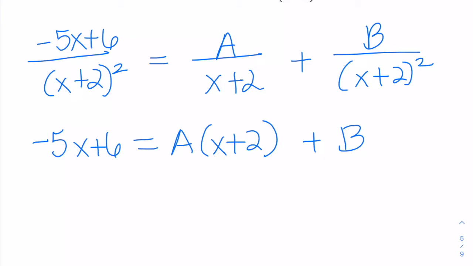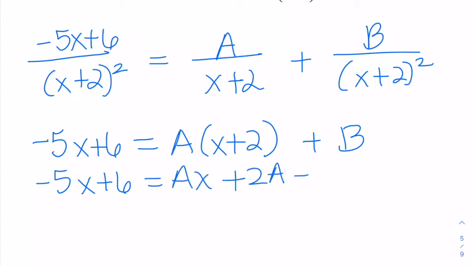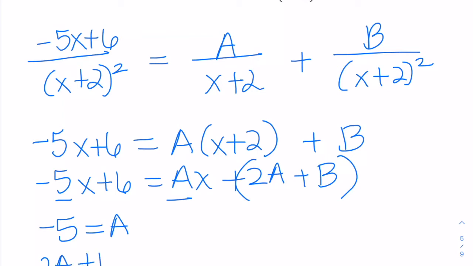So from here, you can do that. You could still use values that would make this equal to 0. Or you can solve it using the coefficients. So solving the coefficients, just for practice, we can write these together, but we're going to have -5 equals a. And then we're going to have 2a plus b equals the constant.